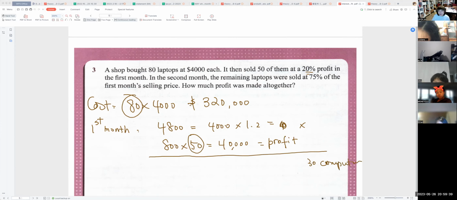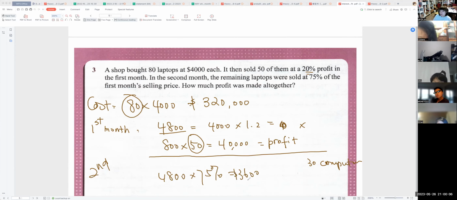In the second month, the remaining laptops were sold at 75% of the first month's selling price. 那第一个月卖4800，第二个月卖多少？4800乘以75%。So 4800 times 0.75 equals 3600.